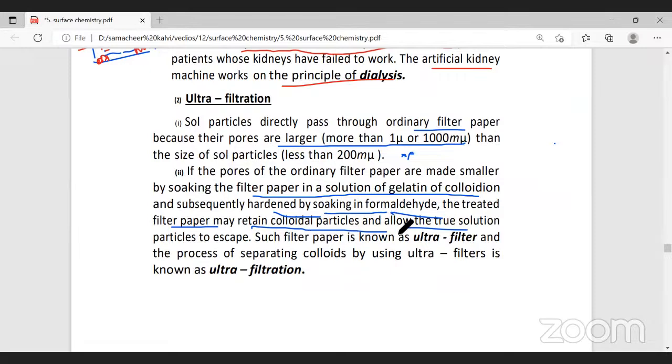Only the electrolytic impurities will escape. Such filter paper is known as ultrafilter, and the process of separating colloids by using ultrafilters is known as ultrafiltration.